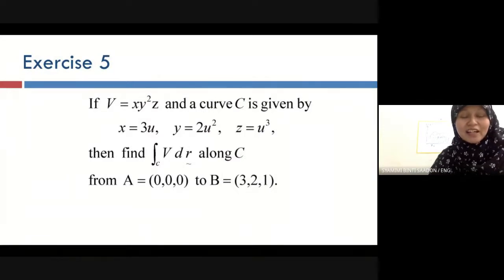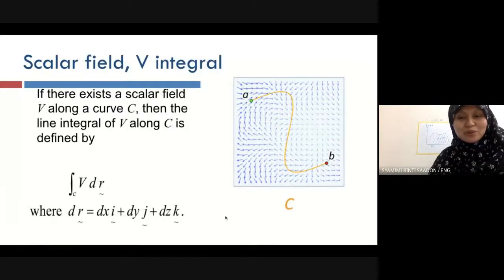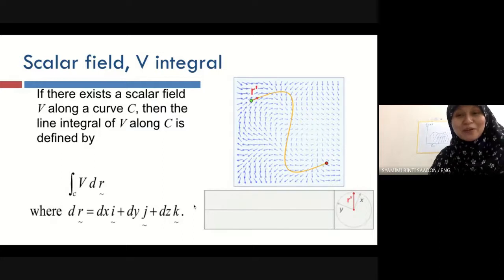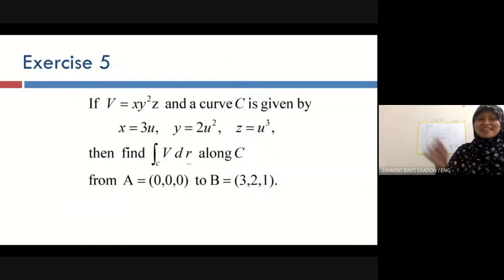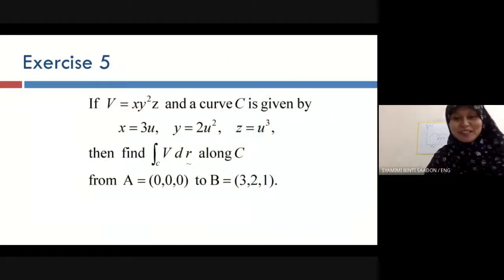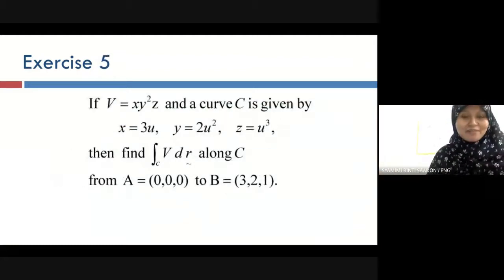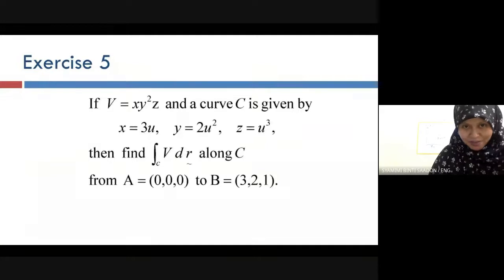Actually, the calculation is not too complicated. It's just that when we define it graphically, it looks complicated, but the calculation is not complicated. We will see this one in the exercise. Let me see, exercise 5 or exercise 6?